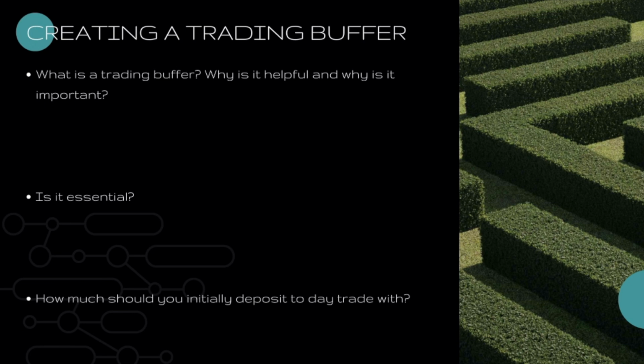A lot of brokerages 2x that amount, so you'll have 50,000 to trade with, which is basically like borrowing it in a way. You're not necessarily going to lose it if you have correct risk management, but it settles instantly. So the moment you close out of a trade, it will settle into your account and you can continue to trade with it. So let's go back to the trading buffer.